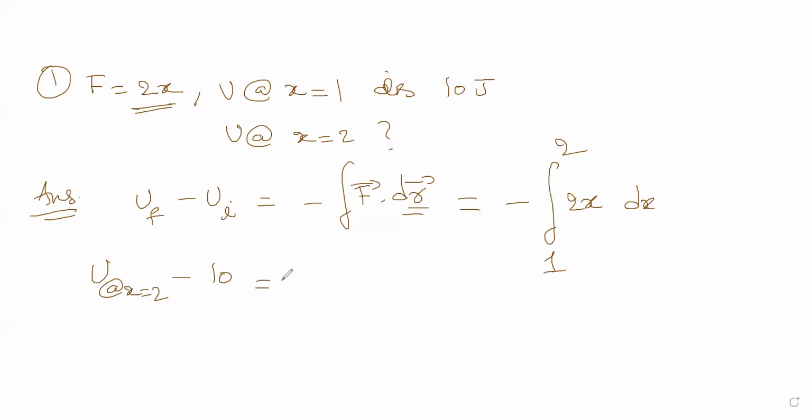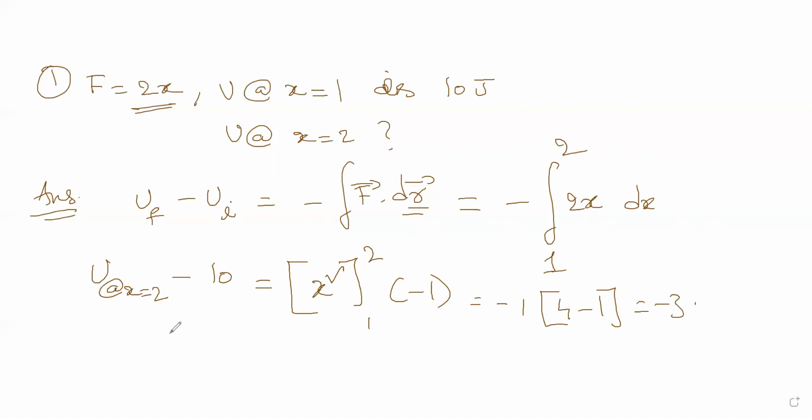Integral of 2x is x square under the limits 1 to 2, with a negative sign. Once you plug in, you have negative 1 times 4 minus 1, which is minus 3. So U at x equal to 2 minus 10 equals minus 3, and when you send it to the other side, you get 10 minus 3, which is 7 joules.